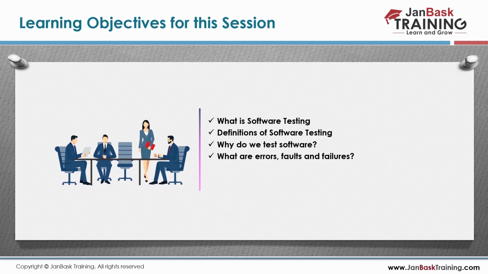There are 7 principles of software testing. We'll understand them in detail, and what those 7 principles are trying to convey to us. Finally we'll understand fundamental test processes. That's what we have for today's session, and we'll try to cover most of them.